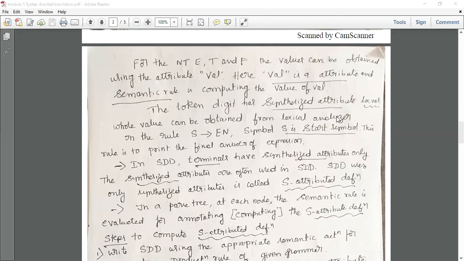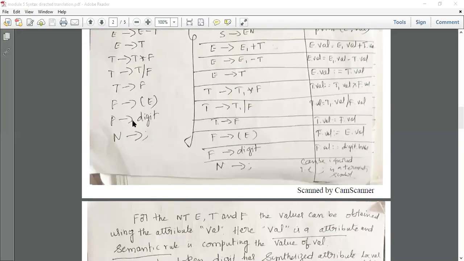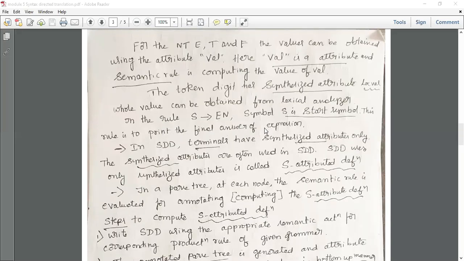Wherever digit is there, the synthesized attribute lex val is to be added. The rule for S tends to E, where S is the start symbol, is to print the final answer of the expression. Whichever symbol is the start symbol, there we store the final answer of the expression.